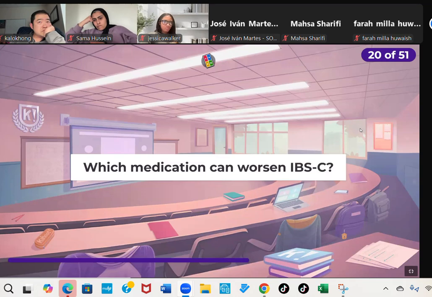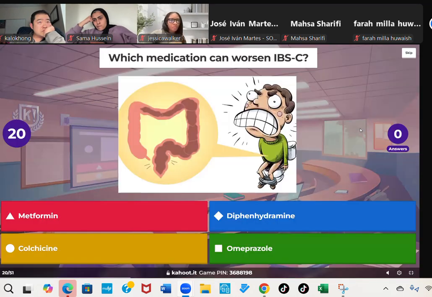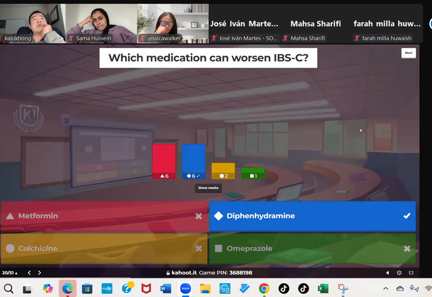Okay, which medication can worsen IBS-C? Metformin, diphenhydramine, colchicine, omeprazole. Okay, what's the number one reason patients can't tolerate metformin?